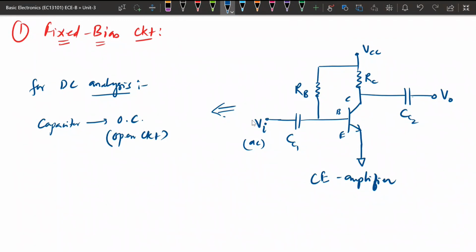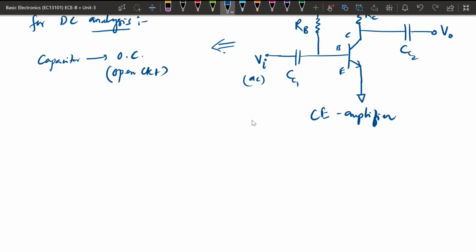For DC analysis, the capacitors show high resistance, so they act as open circuits. All the capacitors will be removed, and the circuit will remain like only this.